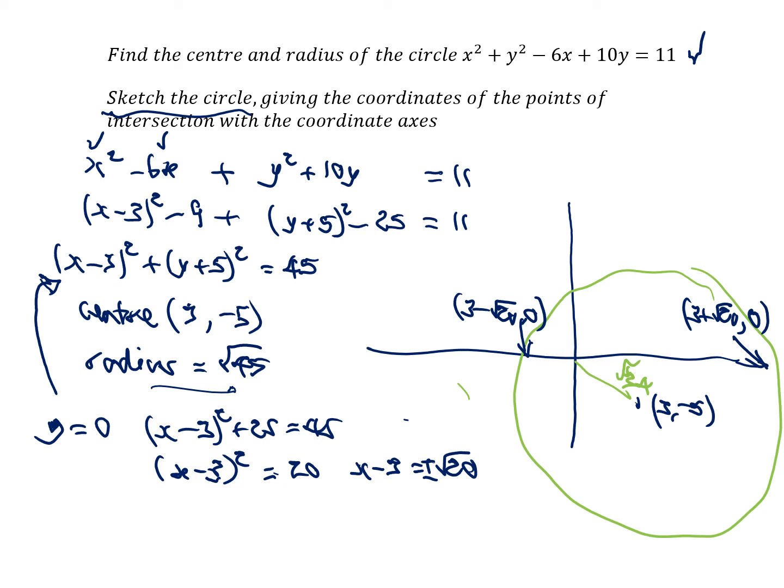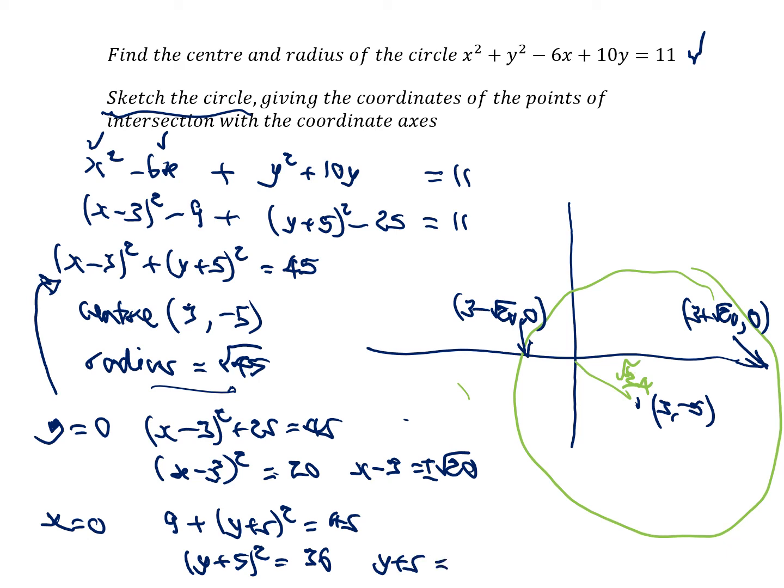Now on the y-axis, x equals 0. So if I put that into my equation, I get 9 plus y plus 5 squared equals 45. y plus 5 squared equals 36, which means that y plus 5 is plus or minus the square root of 36, plus or minus 6.